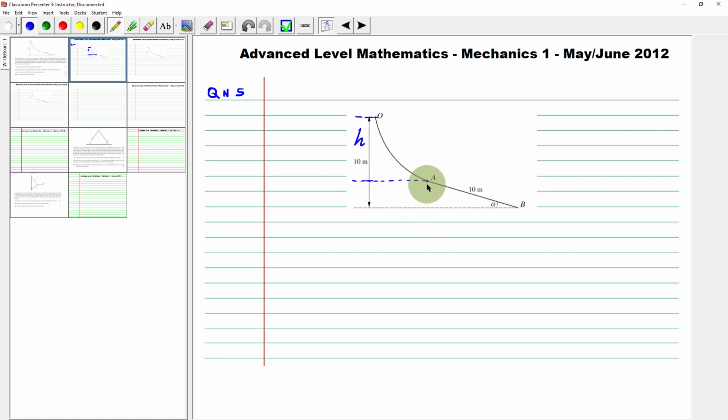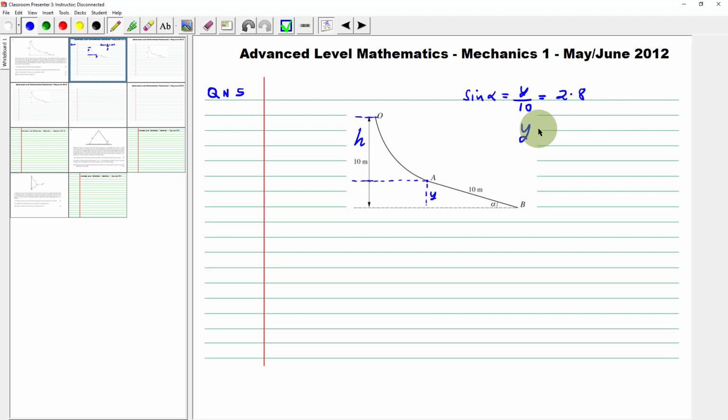In order to do that, we can use trigonometry to calculate this height here, because we've been told that sine of alpha, which is equal to the opposite over the hypotenuse, where we can call this one y, is y over 10 equals 0.28.